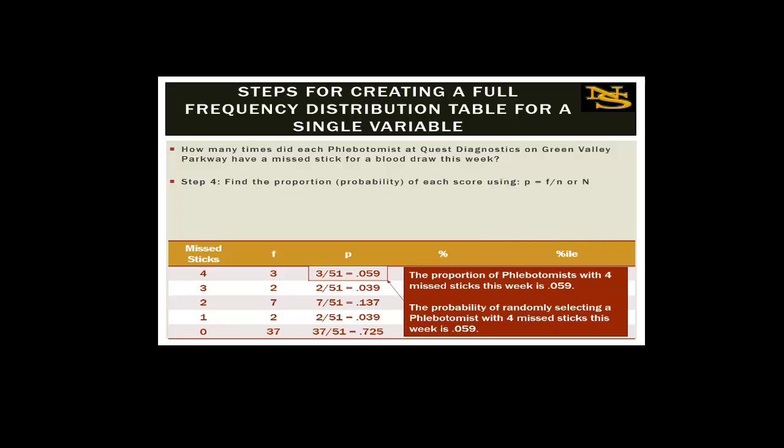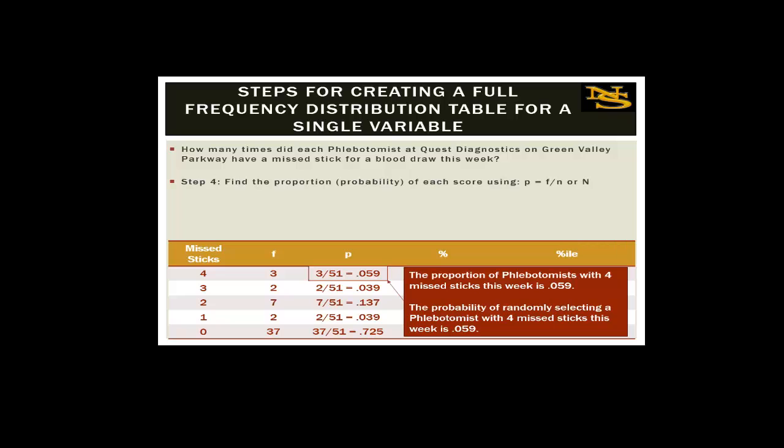All right, so now we are ready to fill in this P column. P stands for proportion or probability. Again, those two terms are pretty much used synonymously with each other, just depending on the purpose of how you want to explain your data. And the way that you find the proportion or probability is to take the frequency, or how many times a particular score appears in your data set, divided by the sample or population size, depending on what you're working with here.